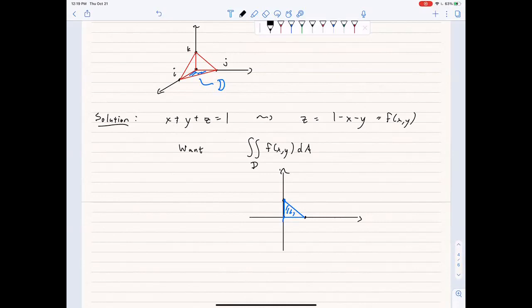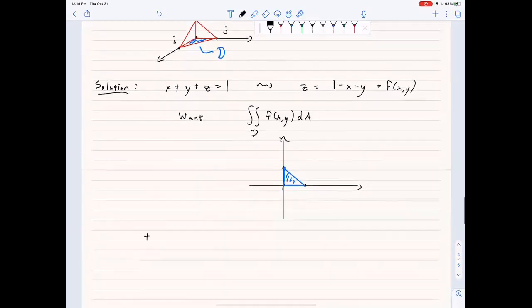So we could do type 1. Well, we can see what the bounds are for x. x is between 0 and 1. And then y is going to be between this function, which is constantly 0, and this function, which is y equals 1 minus x, as you can see.